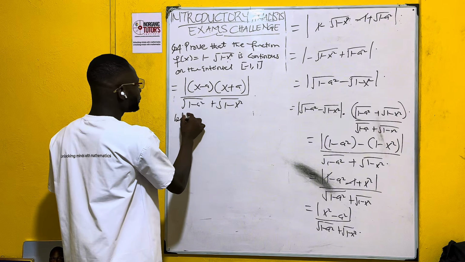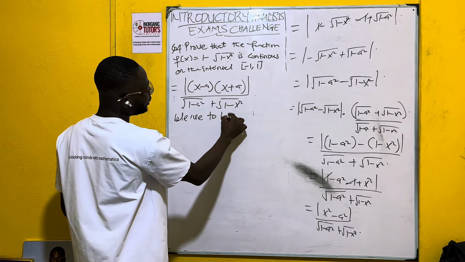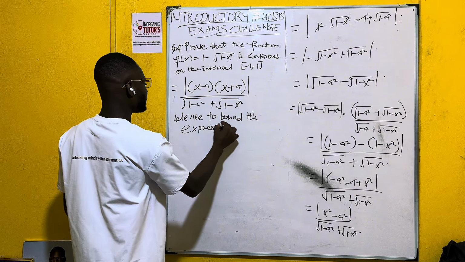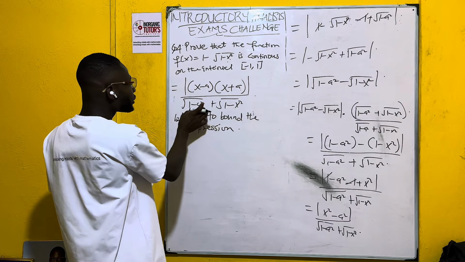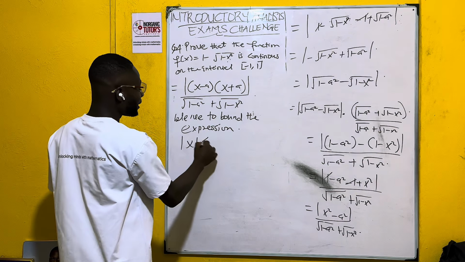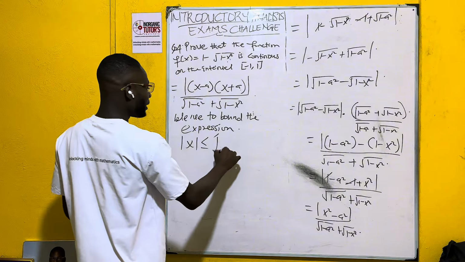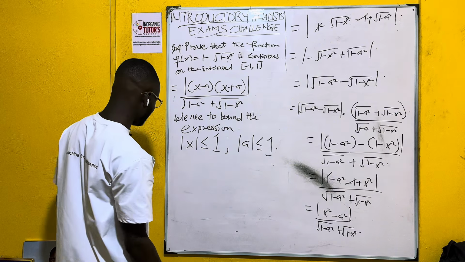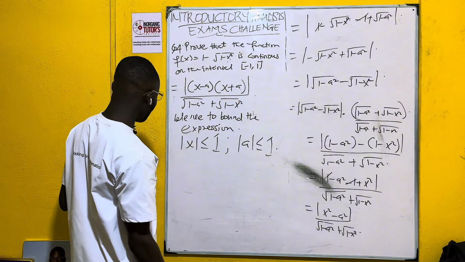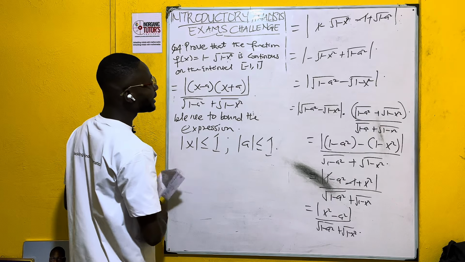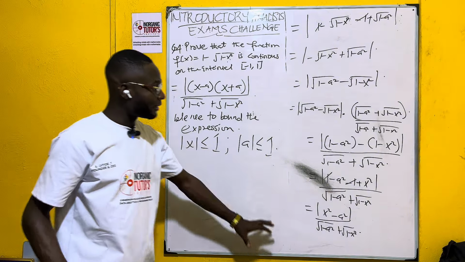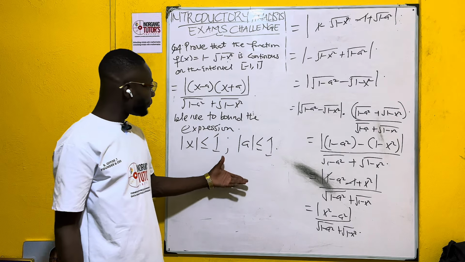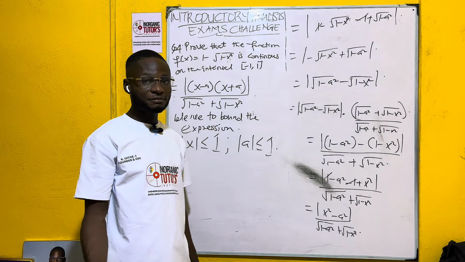So we have to bound this expression, and so we make sure that the absolute value of x lies between positive 1, and also absolute value of a lies between positive 1. Right? So this is going to give us this, this is very clear. Everything is clearly explained. So from here, you can easily do it by yourself, right?